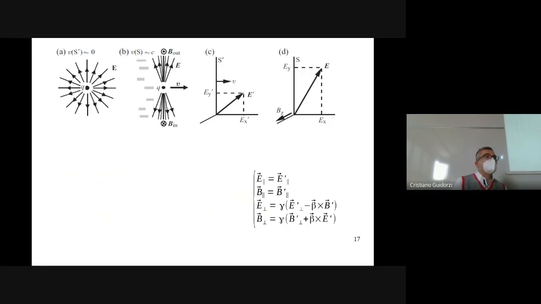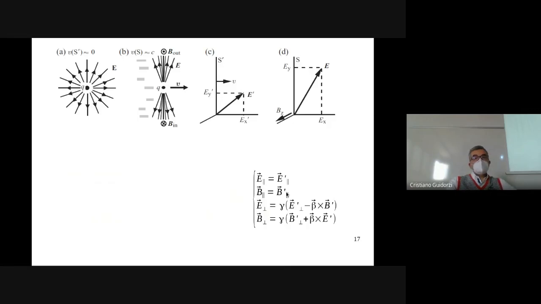How can you do that? Easy. We consider the comoving frame of the particle. So in the comoving frame of the particle, here you see on the right, I just rewrote the very same transformations that we obtained in the previous slide, but I wrote here the inverse transformations. I express the unprimed quantities as a function of the primed quantities.